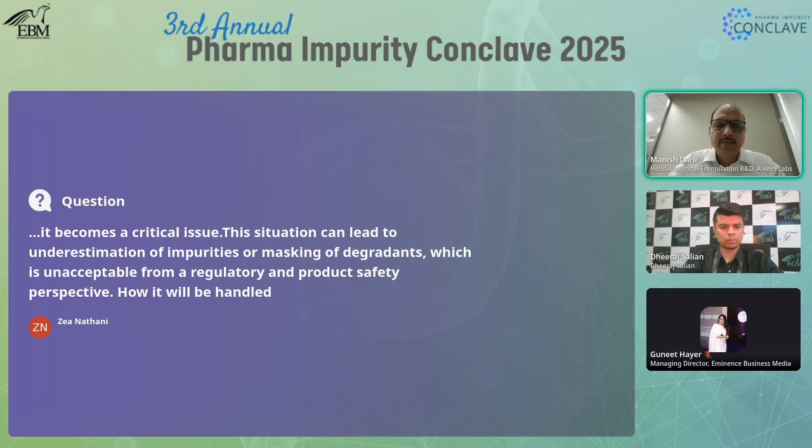If, let's say, in the finished product as per MDT the limit is 0.2% and our closely eluting impurities are coming at more than 0.15, then it is a risk, and we have to identify at what stage these impurities are coming up. We have to extrapolate and identify this unknown impurity. First we have to separate out this impurity. Nowadays the regulatory body asks that each and every impurity should be separated properly to get an accurate result.